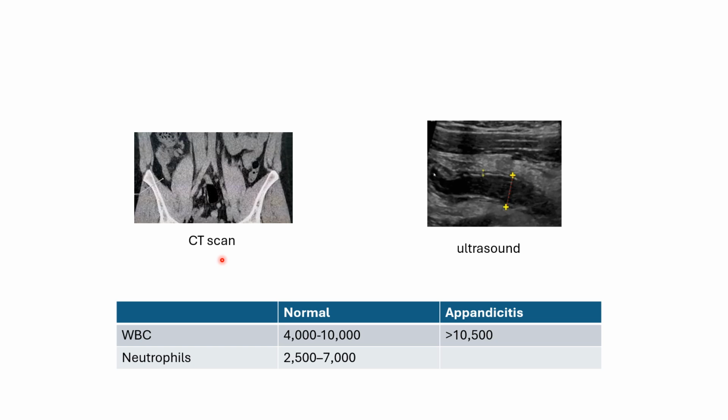CT scan is usually the preferred diagnosing way. Why? Because other than that, we can see the inflammation, as we see here in the image.